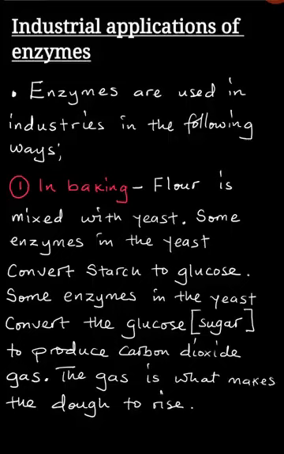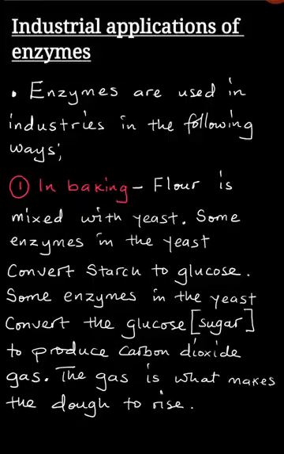So you are going to understand that enzymes are used in industries in the following ways. Number one, enzymes are used in baking. Without enzymes, the process of baking would have been very difficult. Let me explain how this works.